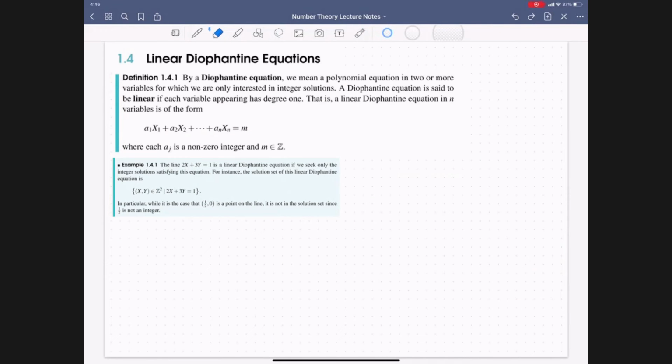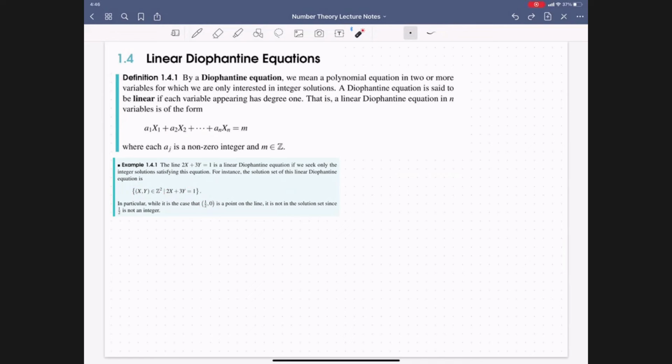And so now we know that here we will have infinitely many possibilities for x, y based on our introductory example at the start. But here's the thing. When we're looking at the solution set of a Diophantine equation, we're only looking at the integer solutions. So yes, 1/2 comma 0 is a solution, because if we plug in 1/2, we have 2 times 1/2 is 1, plus 3 times 0, so we just have 1 equals 1.